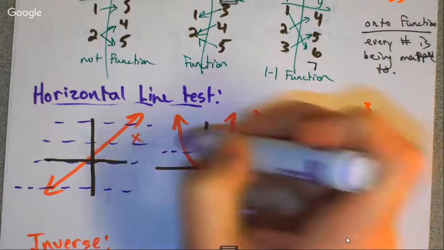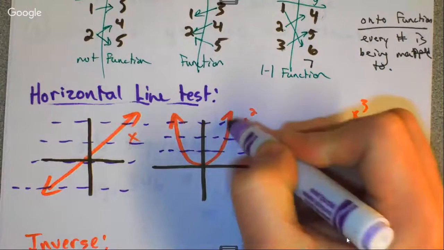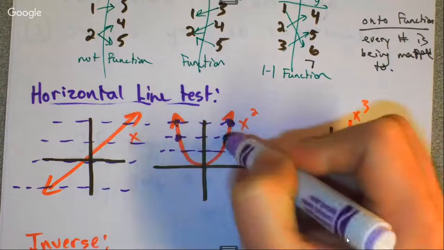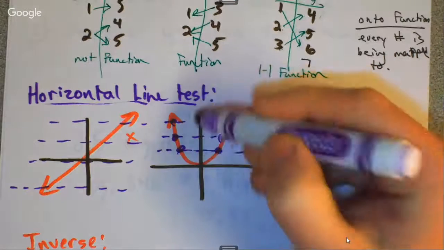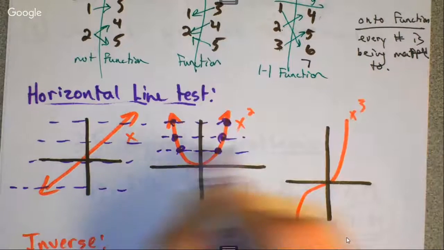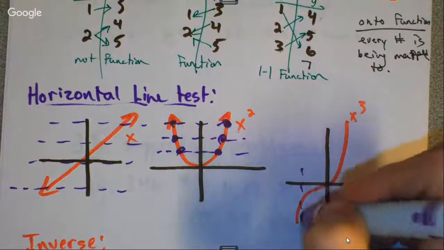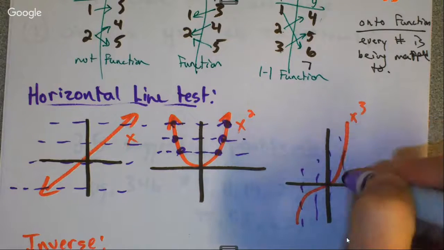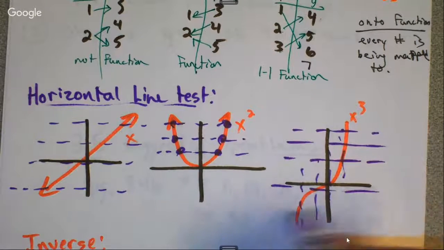However, a parabola is not, because you notice that here and here, or here and here, it touches that horizontal line twice. It is a function, but it's not a one-to-one function, and we'll talk about why that's important. Here we are a function, and if I look at the horizontal line test, we are one-to-one.